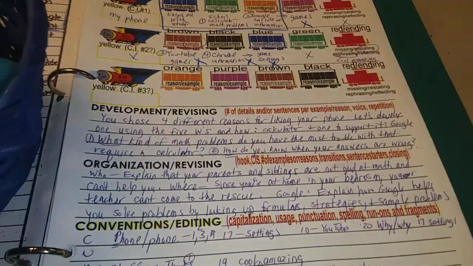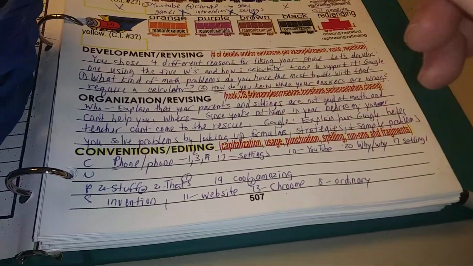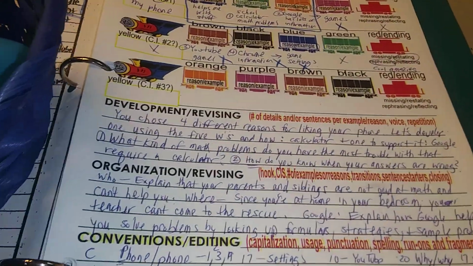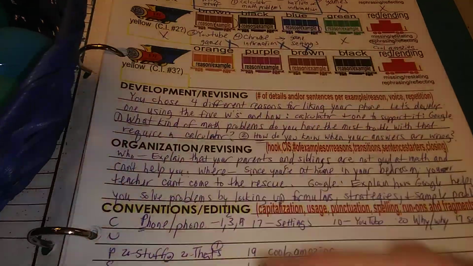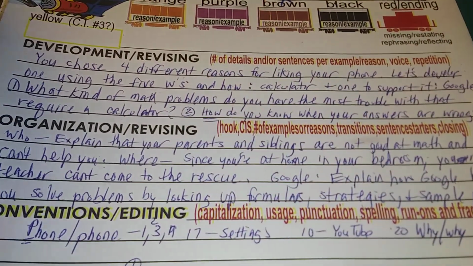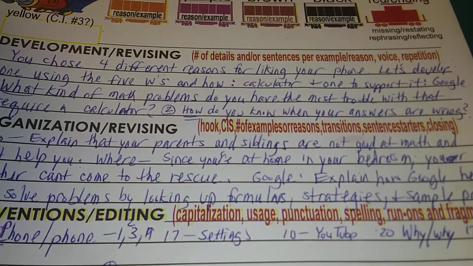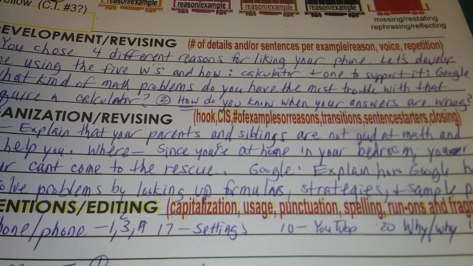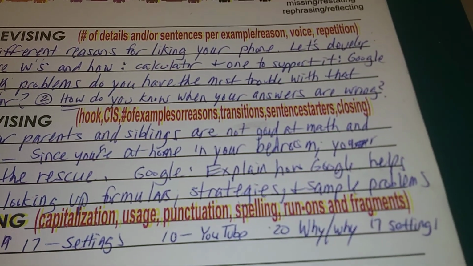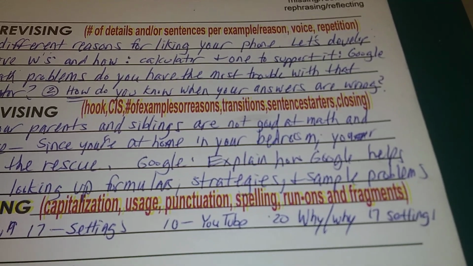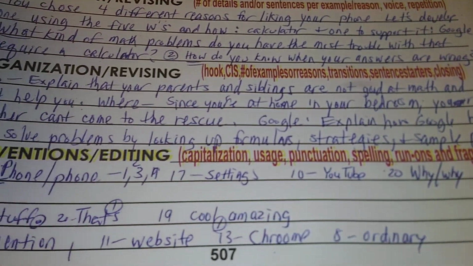Formulas, strategies, and some sample problems. So what they would want to do is give you an example of certain math formulas that they maybe have forgotten, but they can look up certain strategies or sample problems that you can find, because Google works out pretty much every problem for us.